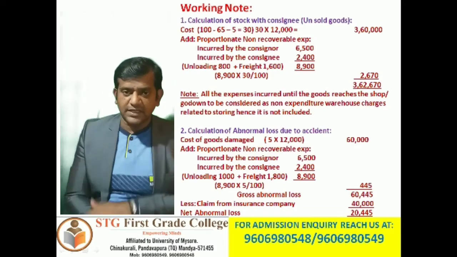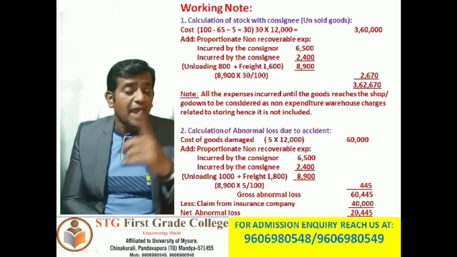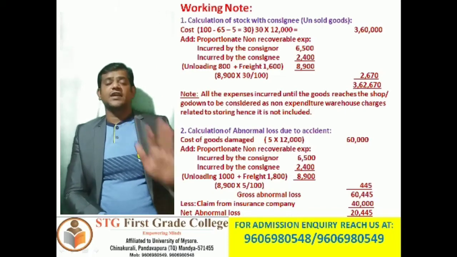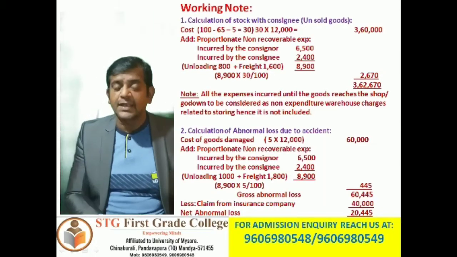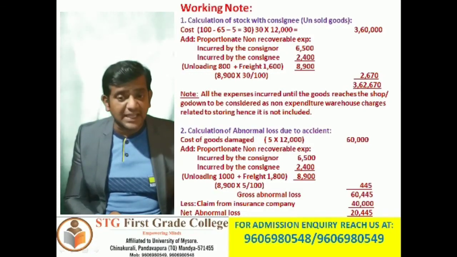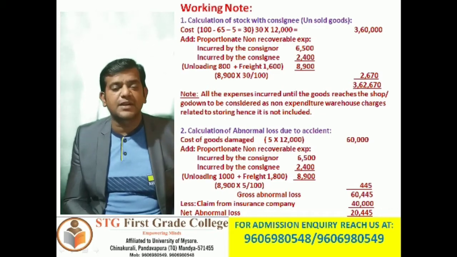So you can look at it in the consignment account. I have made a list, inner column to outer column. Expenses incurred by the consignor, 6,500 I have taken directly. Okay, but incurred by the consignee, see, warehouse charges is not our responsibility. See, it is not recoverable in nature.